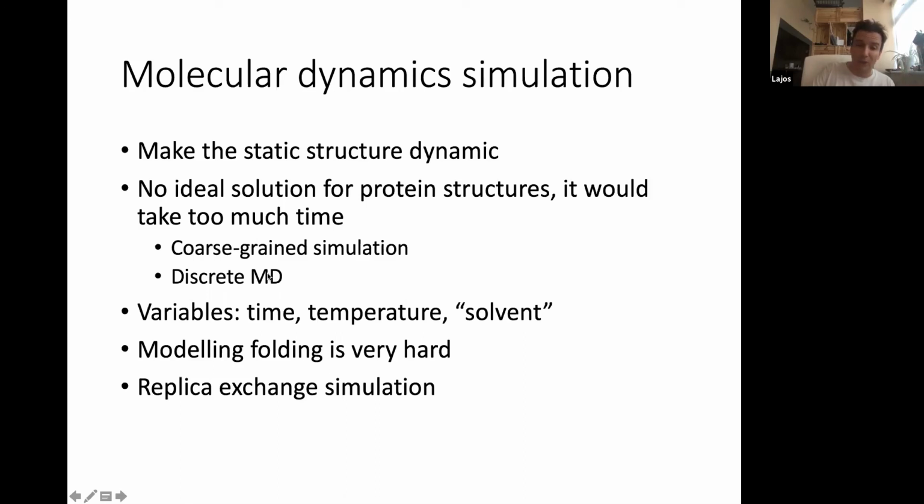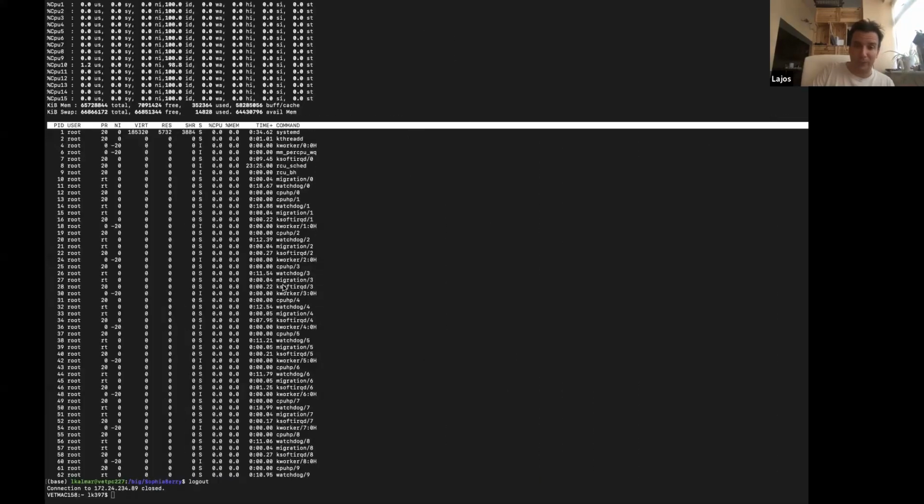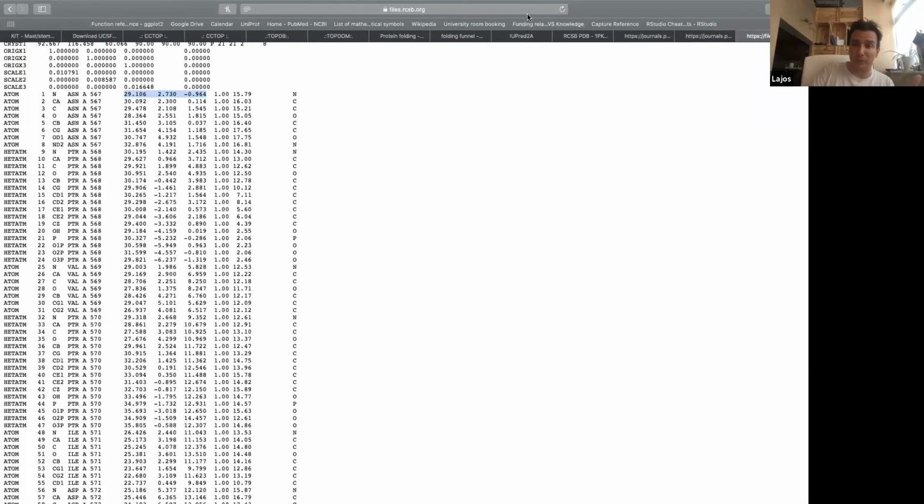The other way, which I like a bit more, is the discrete molecular dynamics simulations. So for that, let me just show you one picture.